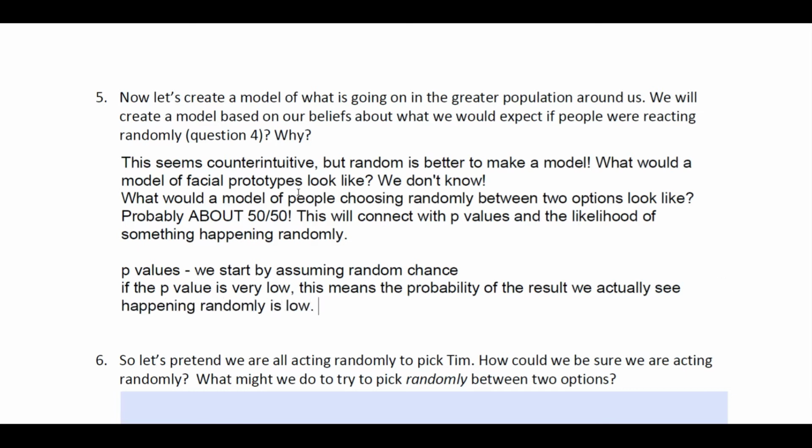And if it's not random, then it must be the other thing. It must be the alternative, that there is something happening.